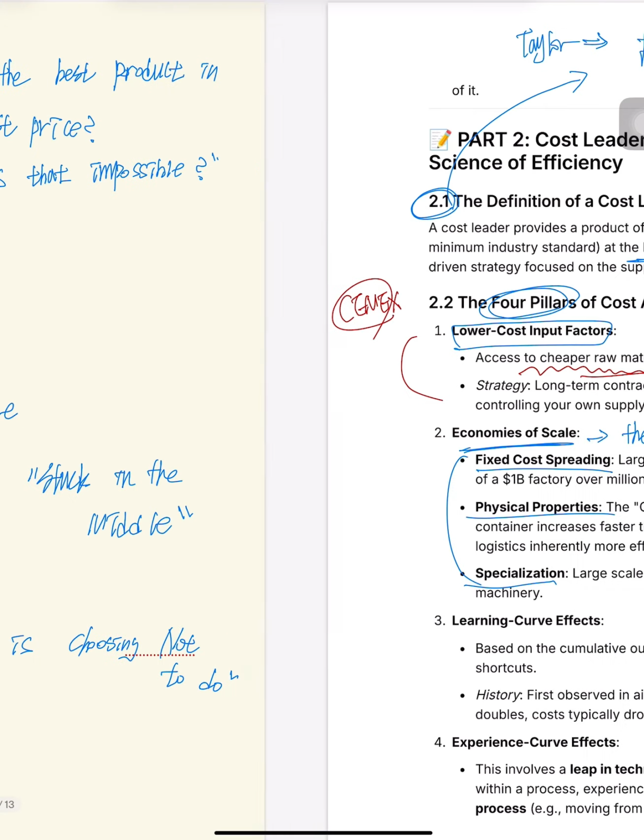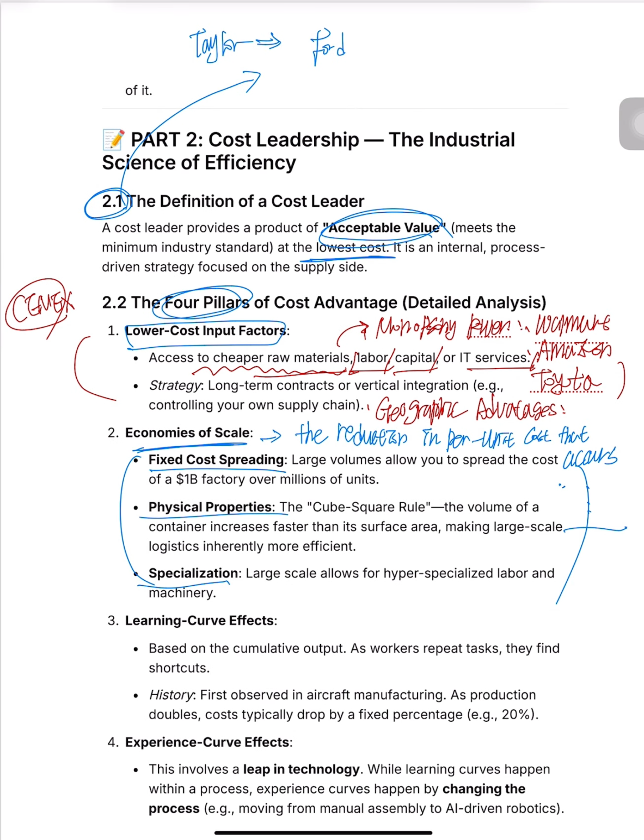Okay, this is all about the second pillar. And the third pillar is the learning curve effect. The human capital as a cost driver, of course. The learning curve effect captures one of the most powerful and counterintuitive insights in operations management.